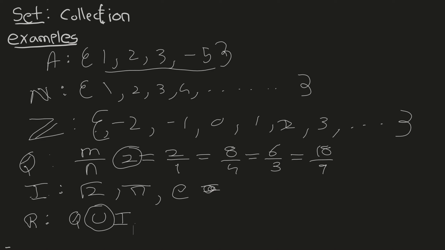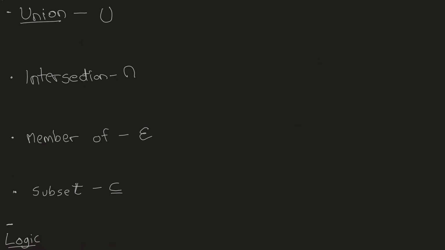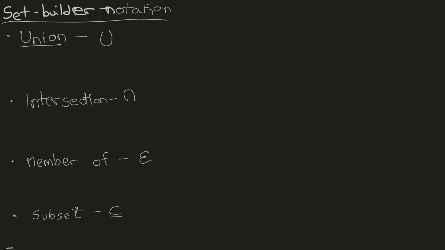So now let's look at set builder notation. The first one we'll look at is union, which is just the combining of two sets. For example, A is 1 and B is 2, 3.